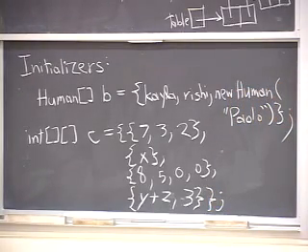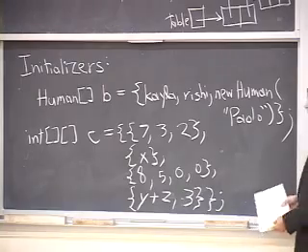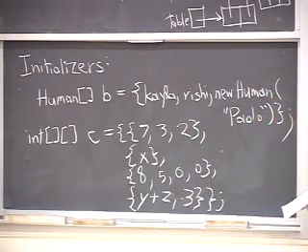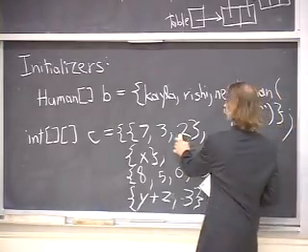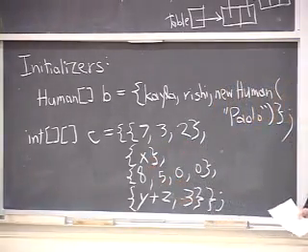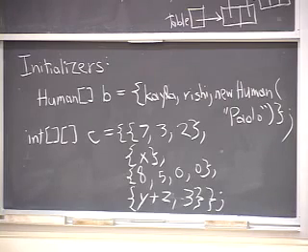And you'll notice that this is another way to create an array that is not rectangular if you want to. Because in this example, there's an array of 4 arrays. And the first array has 3 ints, and the second has 1 int, and the third has 4 ints, and the fourth has 2 ints. So that's another thing you can do.